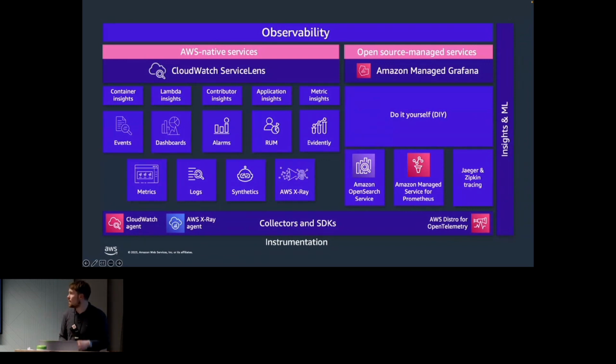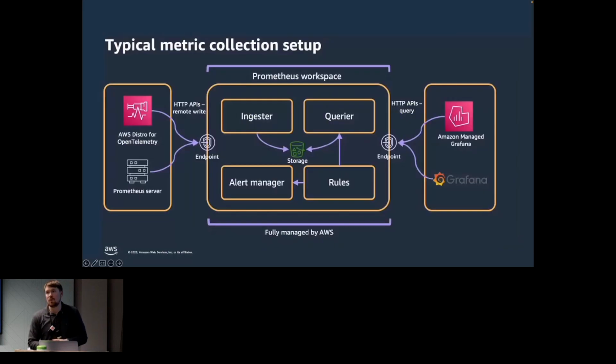On the left-hand side, for example, you can deploy in an Amazon Elastic Kubernetes Service EKS cluster with AWS Distro for OpenTelemetry, using a Prometheus server to scrape metric endpoints. And these then send metrics to a service for Prometheus endpoint. This is a fully managed service by AWS.